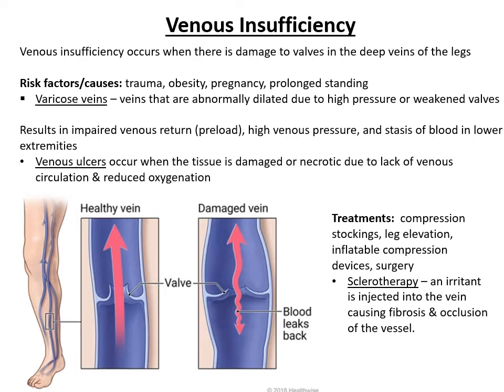What about obesity? Well, obesity adds extra tissue all around the veins within the legs. If you imagine yourself sitting, when your legs are bent, and of course you're bent at the hips too, those veins can be occluded. They get blocked because of all the extra tissue, because veins aren't under high pressure.